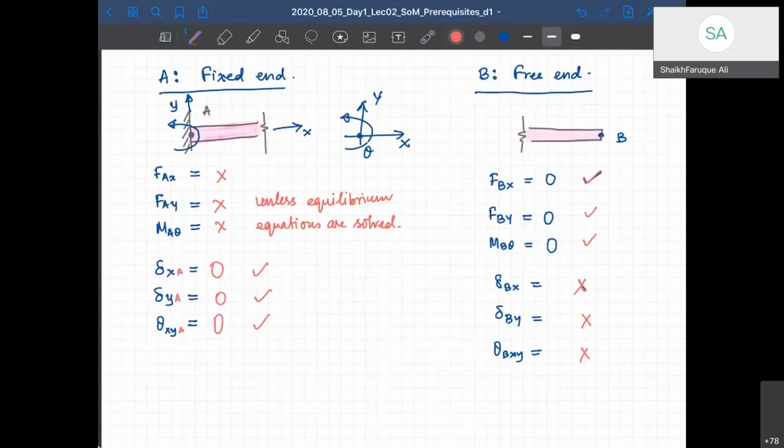You will know either one of them, and you will be solving the expression based on what is available to you and get the unknowns that are not available. Is that clear? I will repeat again. Given a point, given a direction, you will only know either the force boundary condition or the geometric boundary condition. You will not know both.